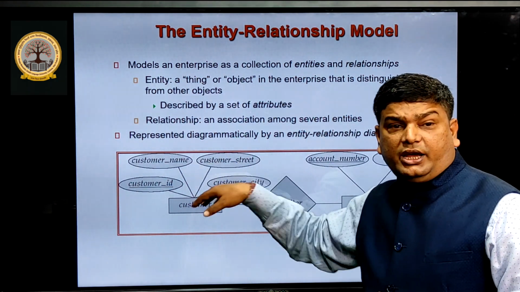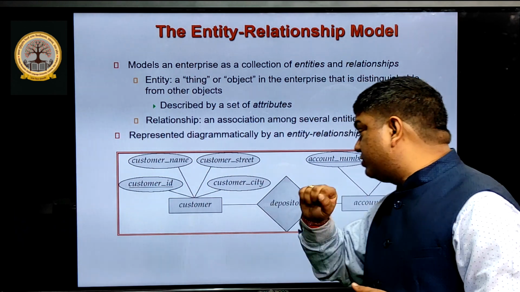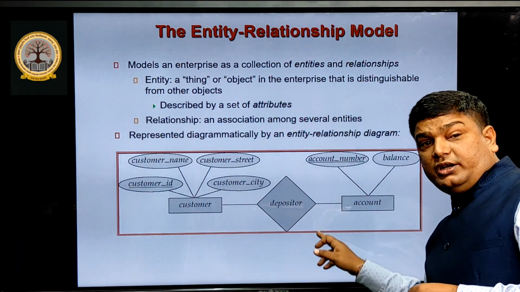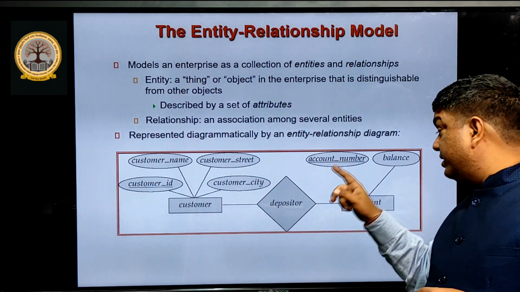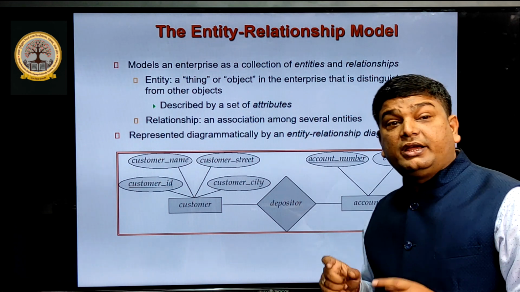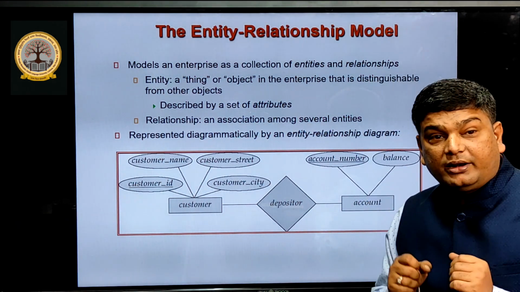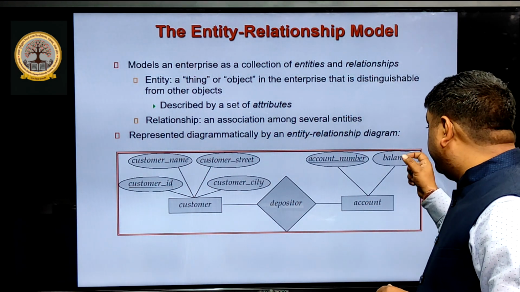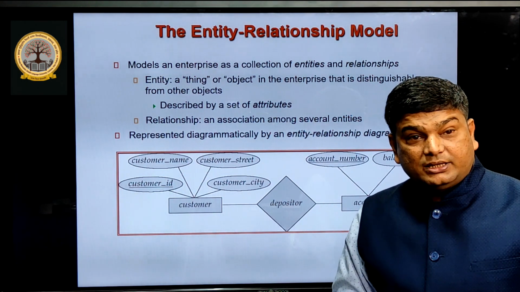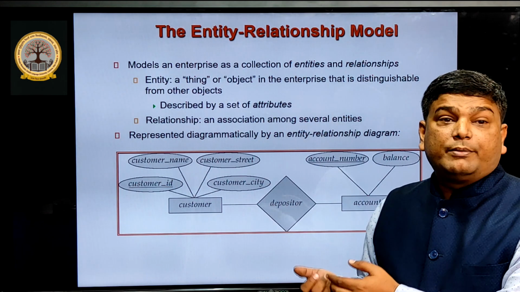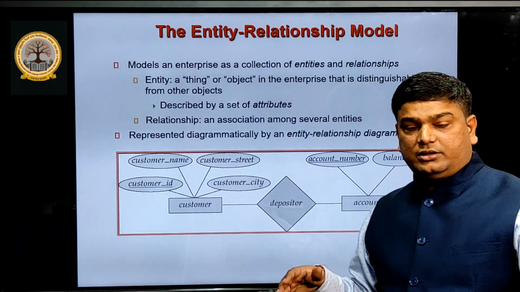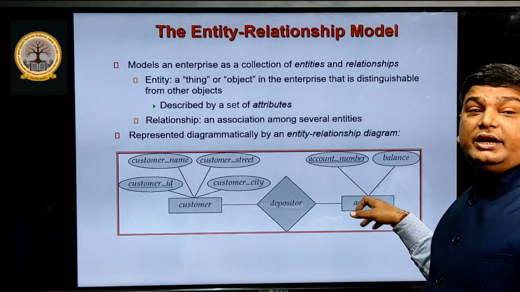Different attributes come under the customer entity, and the relationship shows the depositor, which connects to the account entity. Account is also an entity, and account number, account holder name, balance, account holder bank name, account holder branch name, etc. come under the account entity.